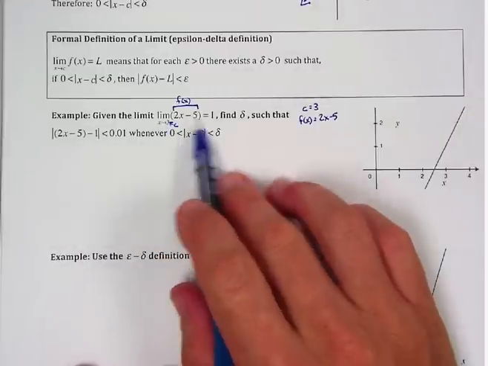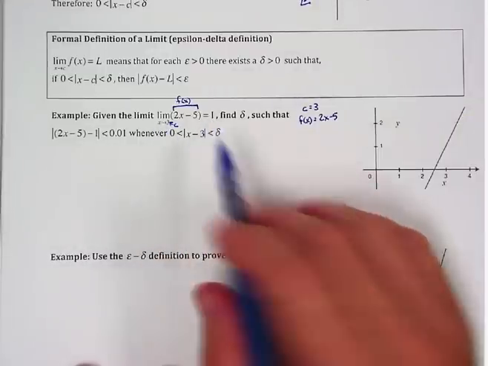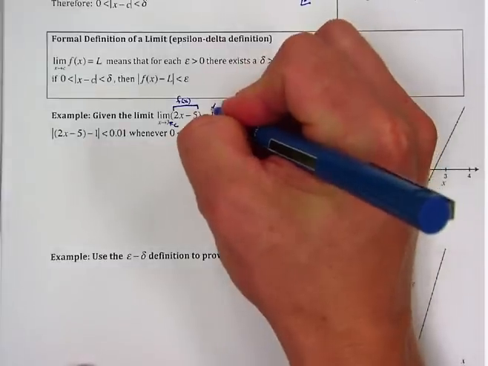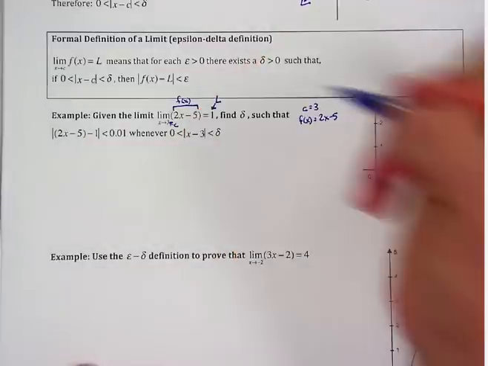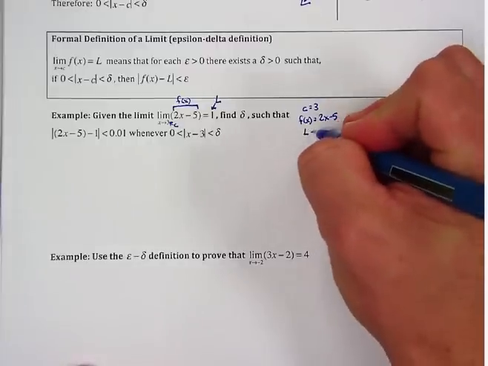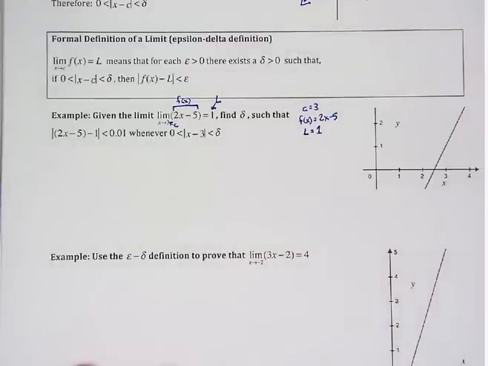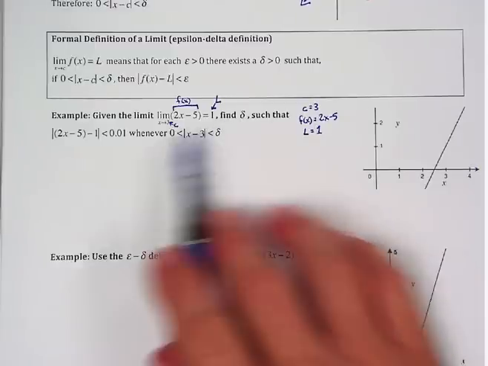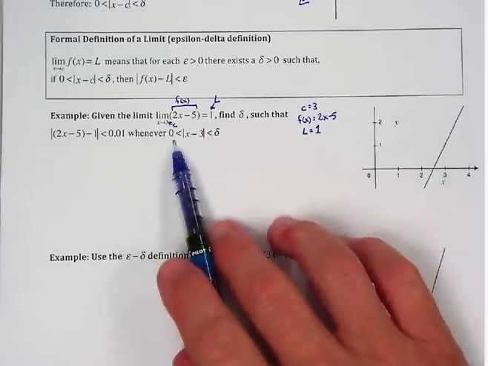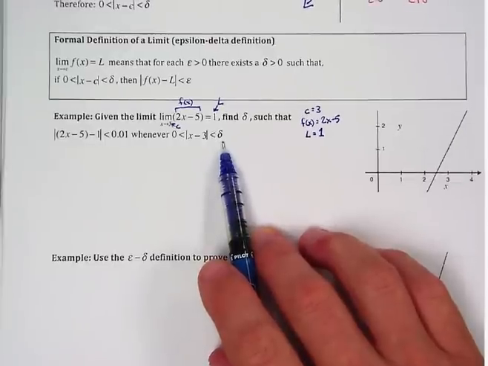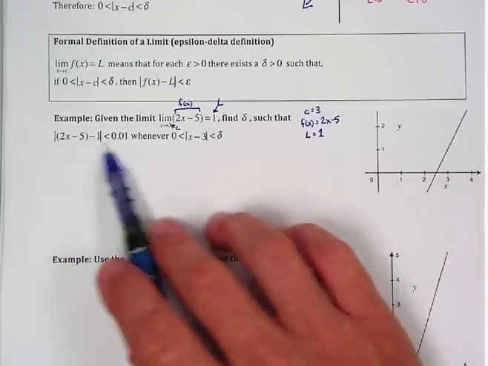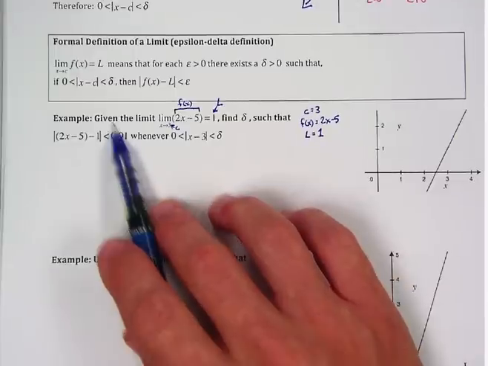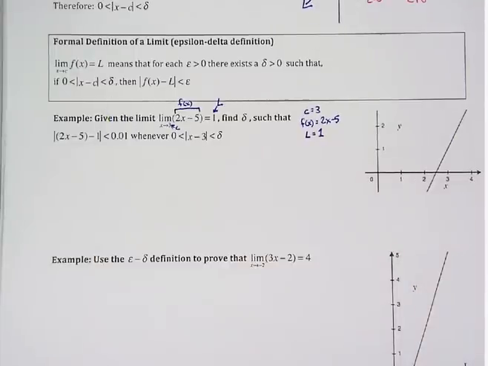And we're saying the limit equals 1. So 1 right here is our L. L equals 1. Now they're asking us to find a specific delta such that all of this is true when this is true. So in this first part, let's see if we can identify this as to where it fits in with our definition.